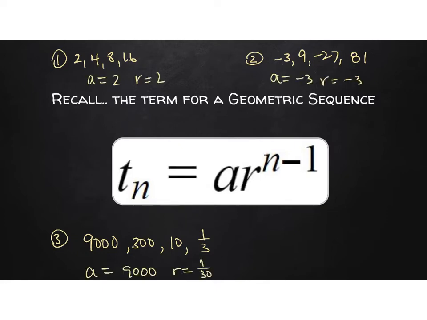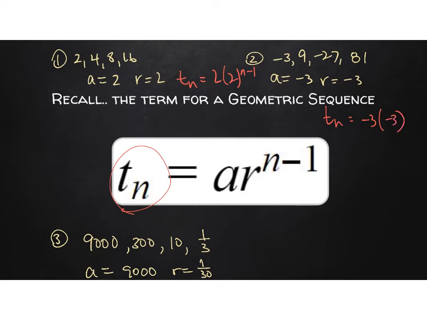If we know the A and R in each sequence, then we can come up with the general term Tn. So I'm going to do that beside here. So this one, Tn is equal to the A, which is 2, the R, which is also 2, and the exponent n minus 1 is on the second 2. For this next one, A is negative 3, and then R is also negative 3.